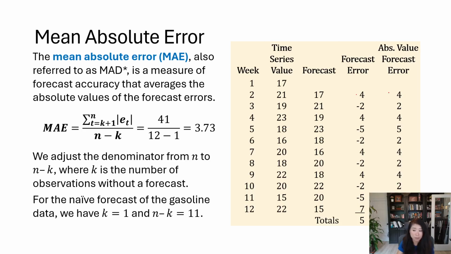After we convert all the error terms to positive values and add them together, we get 41. So the average of my absolute value forecast error will be 41 divided by 11. Remember, we only have 11 values here, so it gives us 3.73.